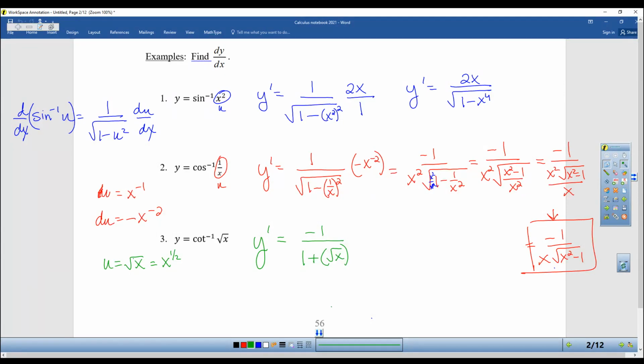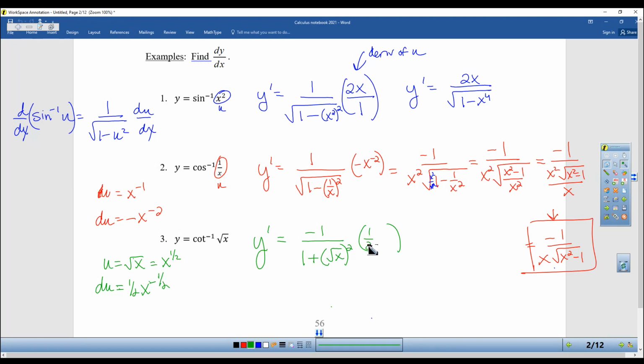Tangent is positive. 1 plus u squared times, notice all three of these are times the derivative of the u. You can't forget that. I always recommend that you do it off to the side. Du is 1/2 x to the negative 1/2.